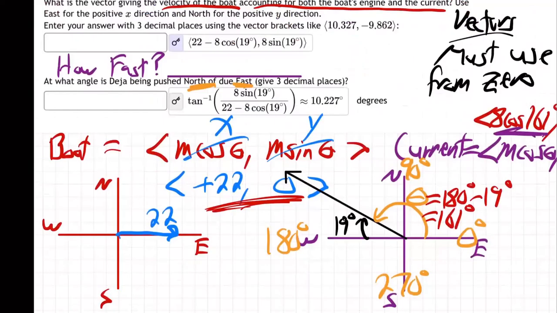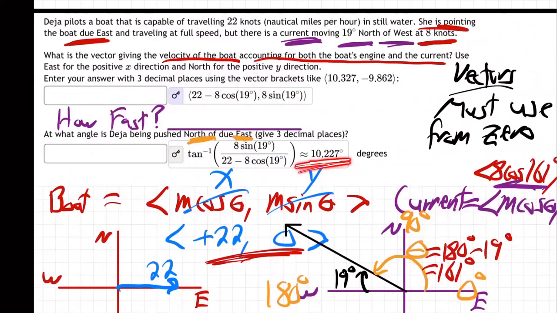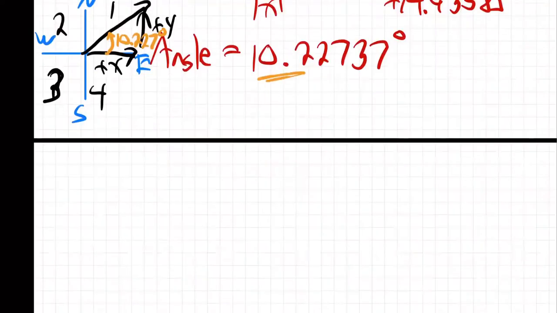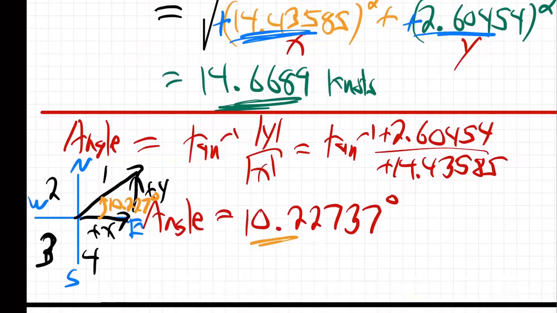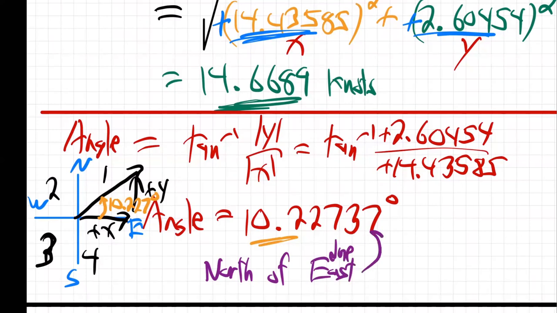Is that what the answer said? 10.227 degrees. That's how far she's being pushed north of due east. In other words, this is how far she's going north of due east.